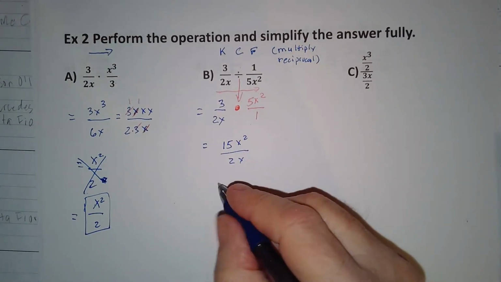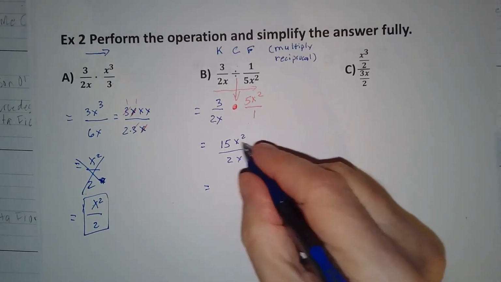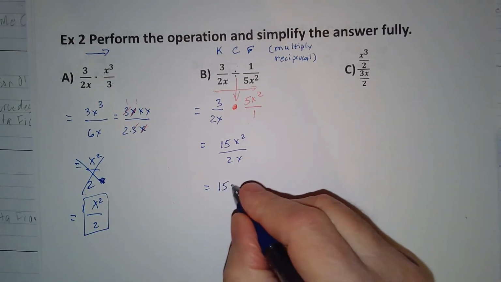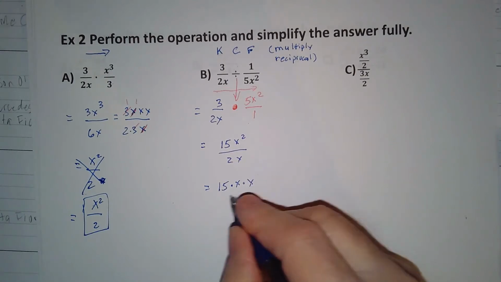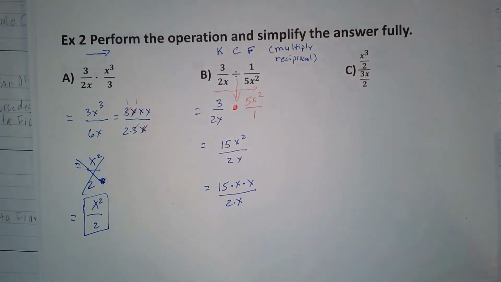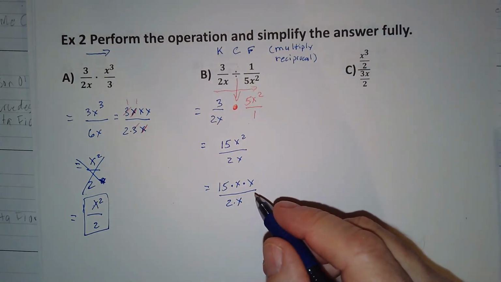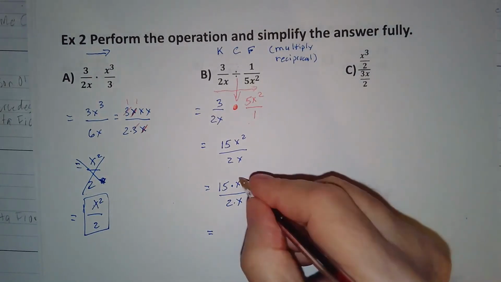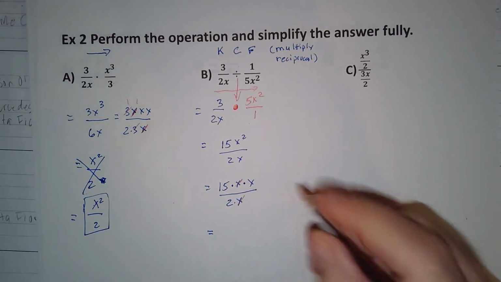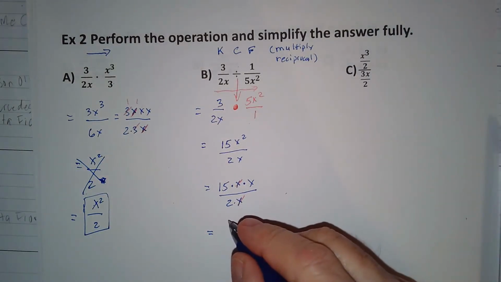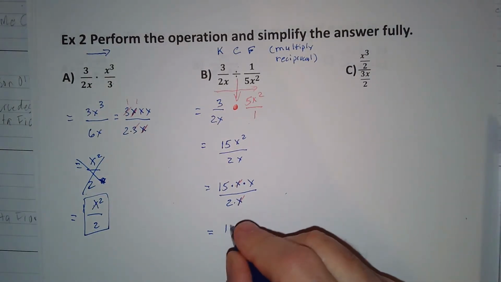And so if you'll remember, we want to factor this, so we have 15 times x times x divided by 2 times x, and so that's going to leave us with, let's see, we're going to lose this x and this x here, so we're going to be left with 15x over 2.